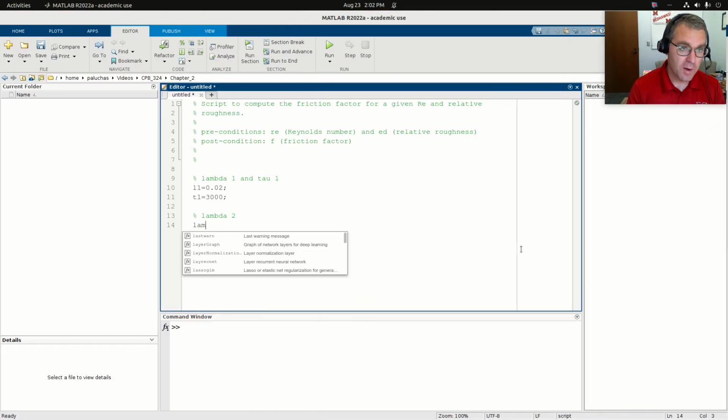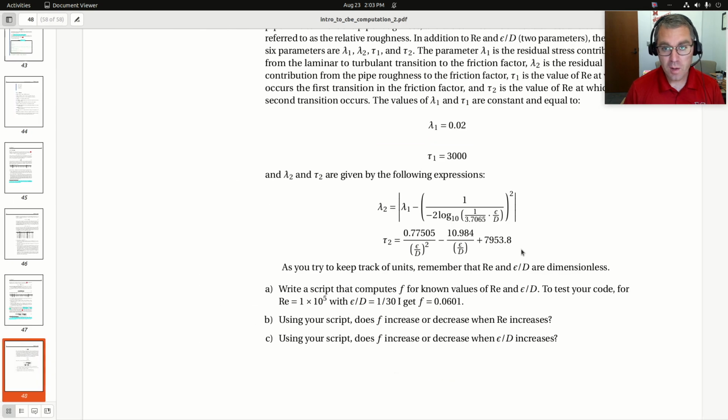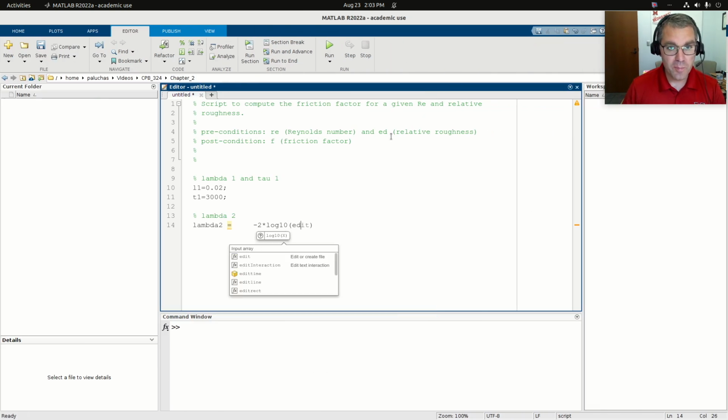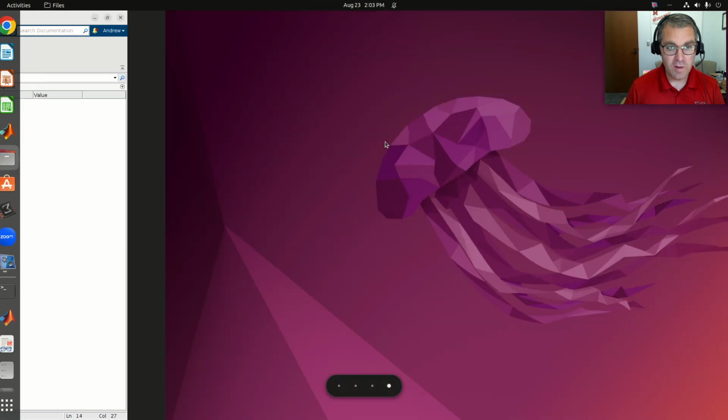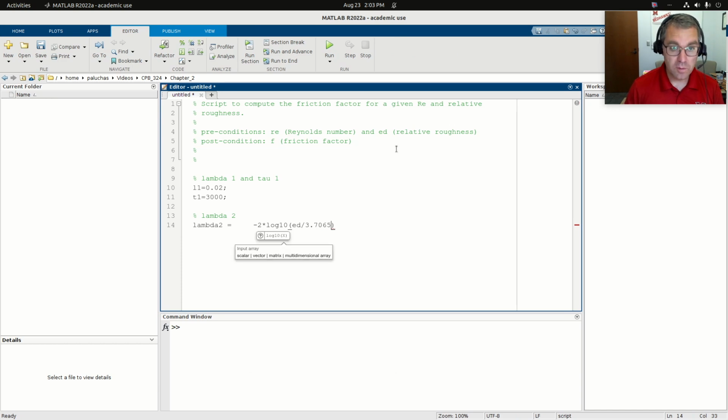Okay, so I'm going to have lambda 2. Just from a typing standpoint, I'm going to start by typing in the denominator. So it's negative 2, log 10 is log 10, and the argument of log 10 is my relative roughness divided by 3.7065. So it's going to be ED, my precondition, my relative roughness, divided by 3.7065.